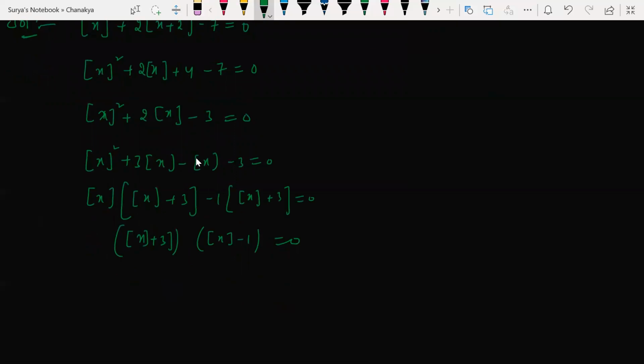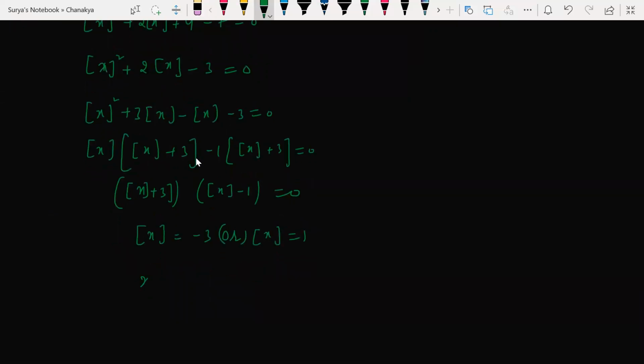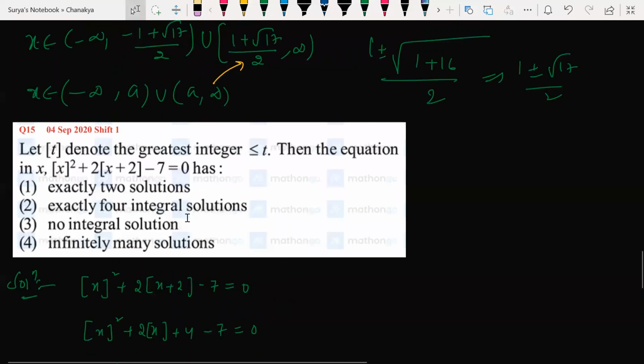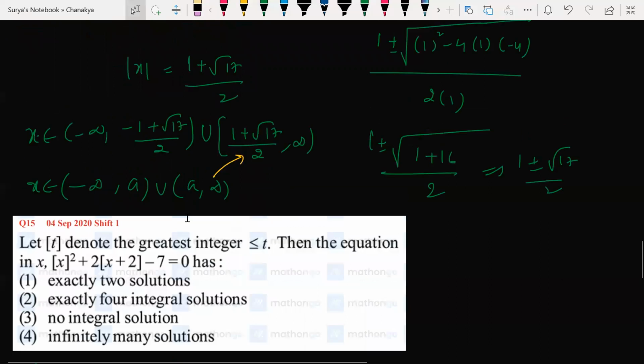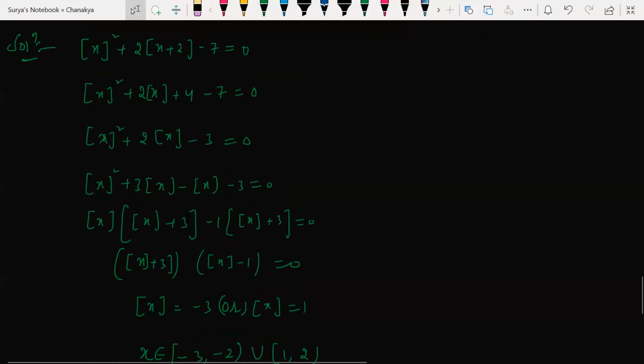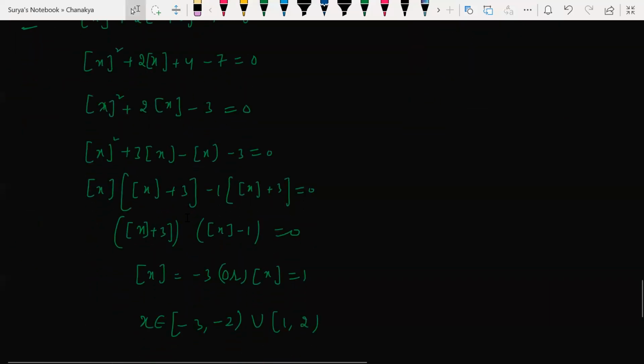What is [x] going to be? [x] is going to be −3 or [x] is going to be 1. So what is your x belongs to now? x belongs to [−3, −2) union [1, 2). This is what your answer is going to be. Getting my point, children? This is what your answer is going to be.